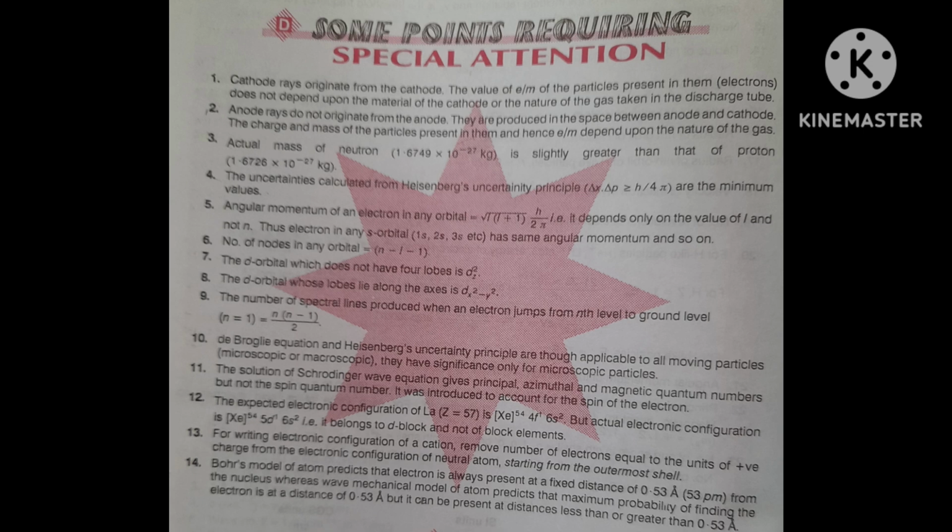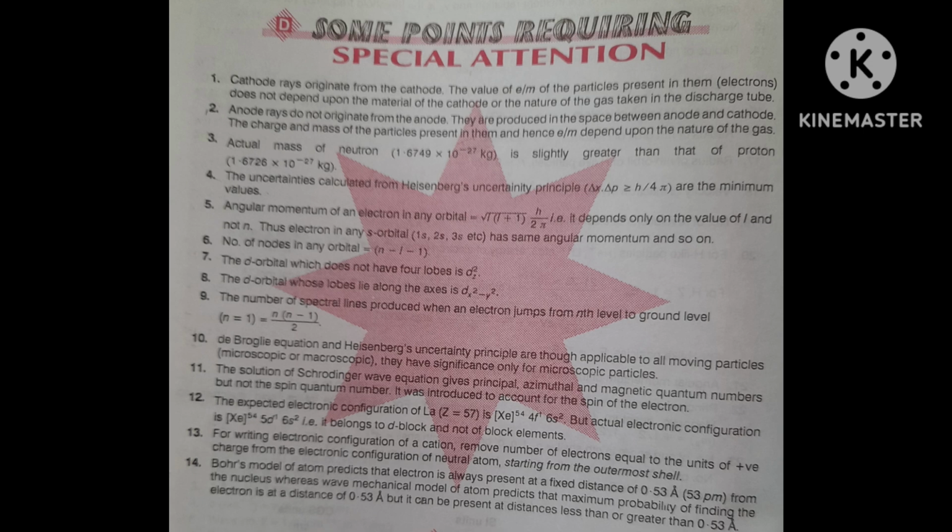Correct? Now, next point, the d orbital which does not have 4 lobes. There are 5 d orbitals, and that question is asked.